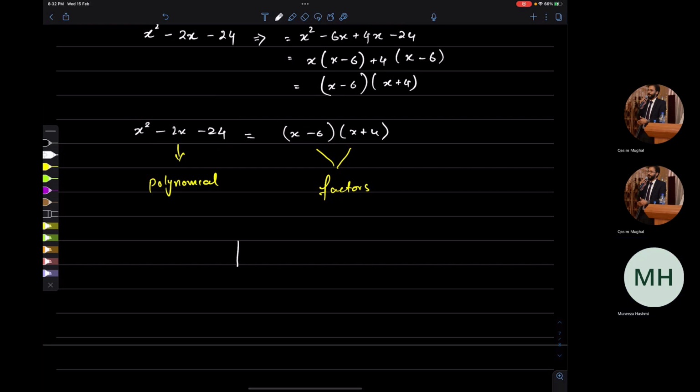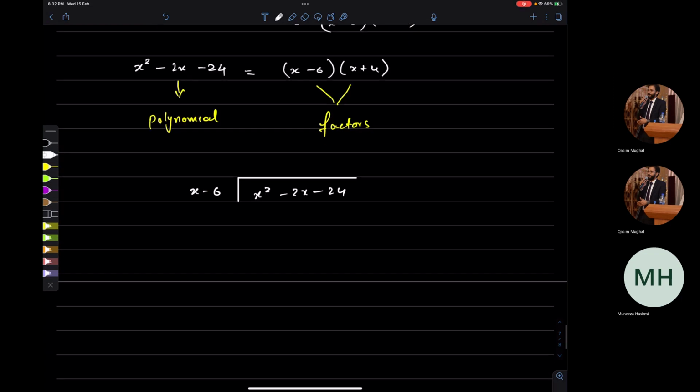Means if I put x squared minus 2x minus 24 inside and use one of the factors as the divisor, what will I get after a long division at the end? Zero, because it is a factor. Yes, 0, because it is a completely factorizable polynomial.